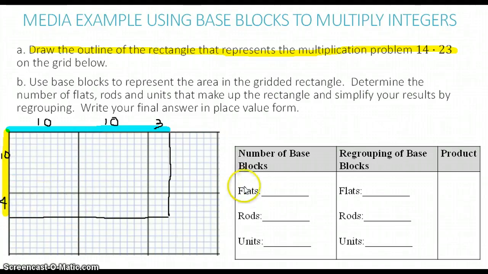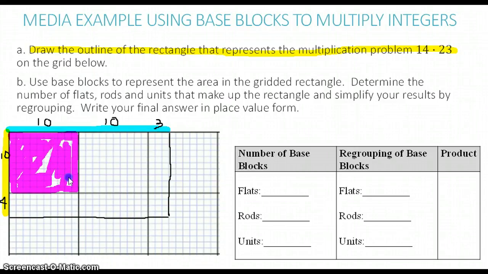So let's start by finding the full number of flats. So let's use a highlighter. How about pink? And I am going to highlight the flats. So this is one full flat, and you don't have to highlight these, you can just kind of outline them on your paper. Okay, there's one flat.